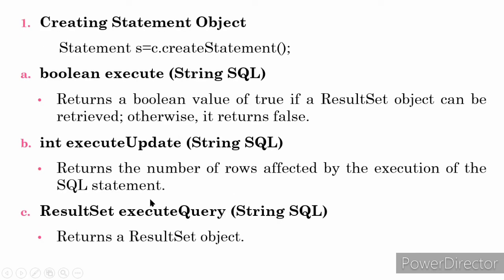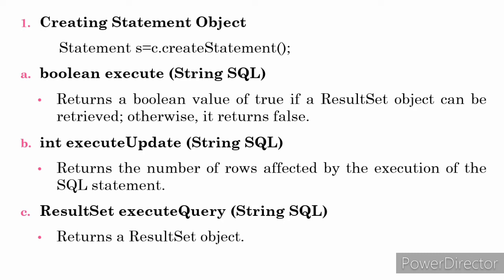First, we are discussing just the statement object. How to create this statement object? Before you can use a statement object to execute the SQL statement, you need to create a statement object by using the connection object's createStatement method.